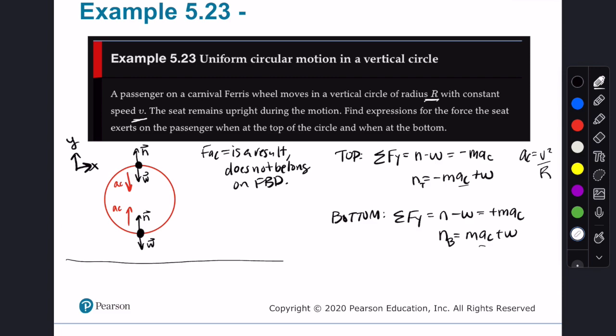We looked at cars moving in circular motion with and without friction. We looked at cars moving in circular motion on a banked surface, which puts that normal force having a component in the acceleration direction. And then we also looked at uniform circular motion in a vertical circle, where now you have gravity, weight due to gravity, and your normal force in the acceleration direction.